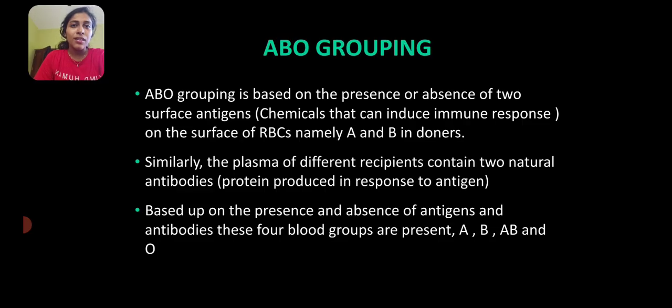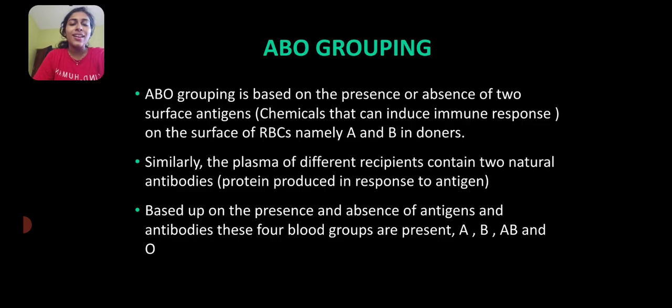Similarly, a person who donates blood to another person is called the donor. A person who receives blood from another person is called the recipient. When a donor donates blood, the donor's blood contains RBCs, and on the surface of the RBC there are antigens, or chemical substances.